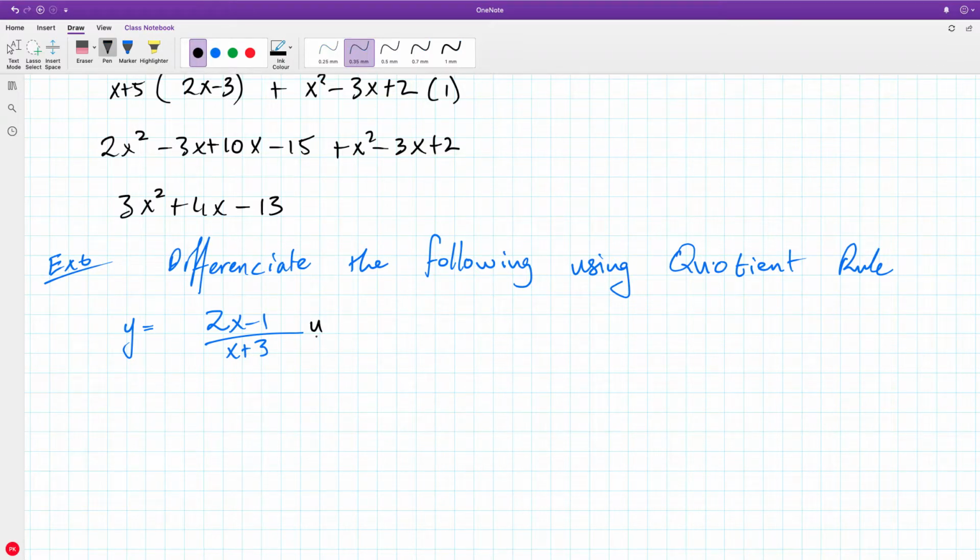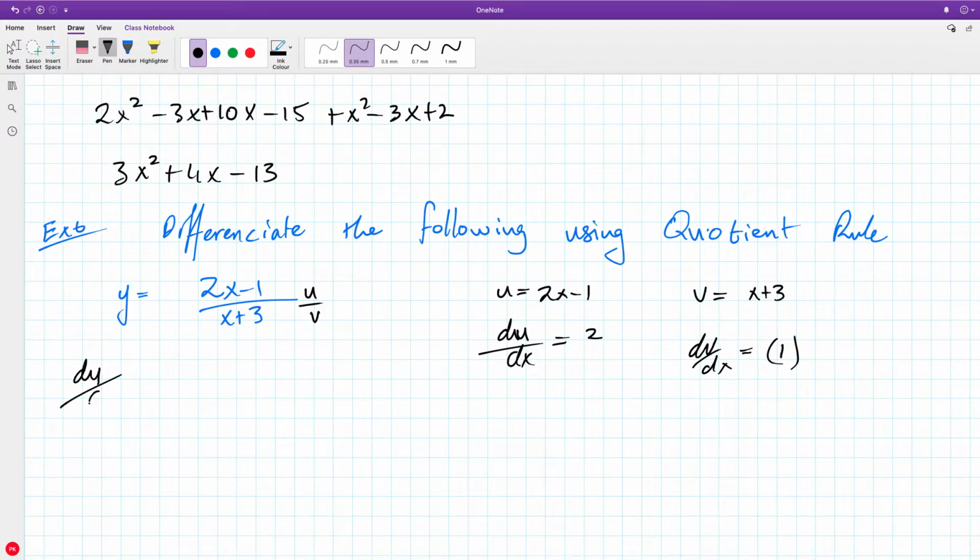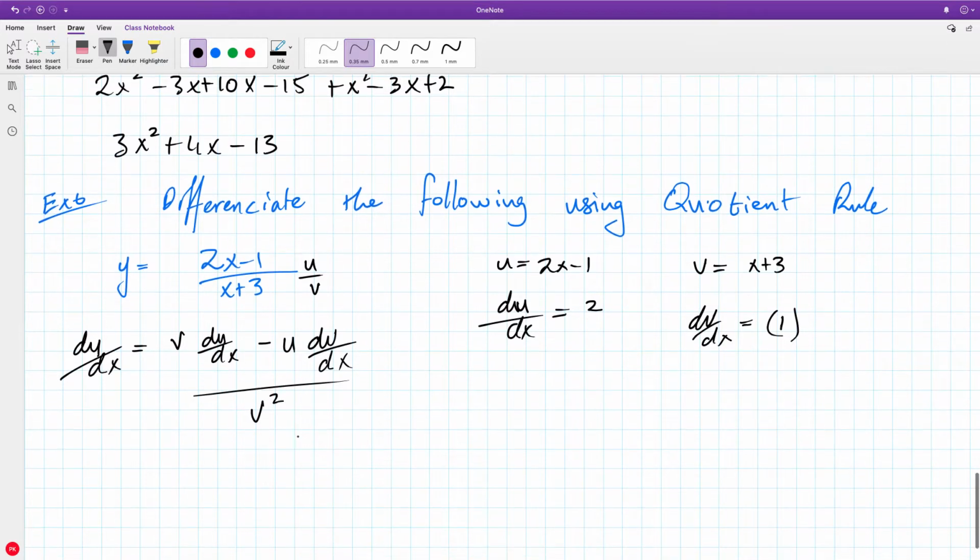Let's look at it. So u over v. u is equal to 2x minus 1. du dx is equal to 2. v is equal to x plus 3. dv dx is equal to 1. So your rule is dy dx is equal to v du dx minus u dv dx all over v squared.